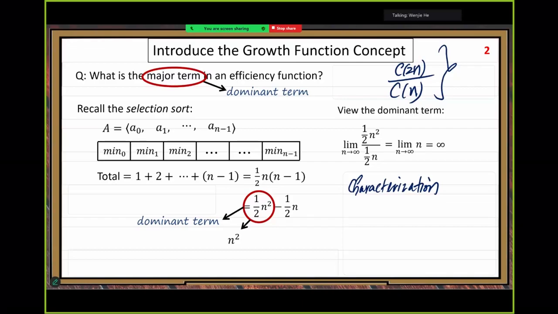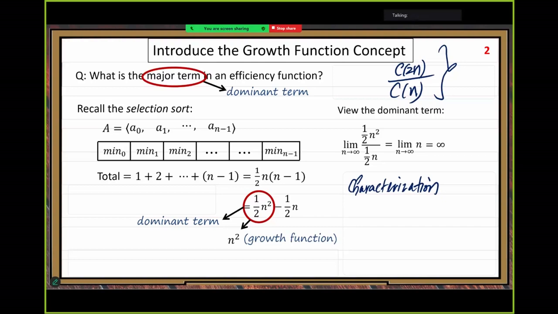So with that, you can see at the end, we extract this n squared term from the original efficiency function, and we call this term the growth function. That's the growth function concept.